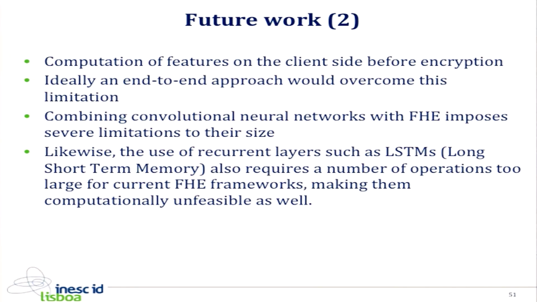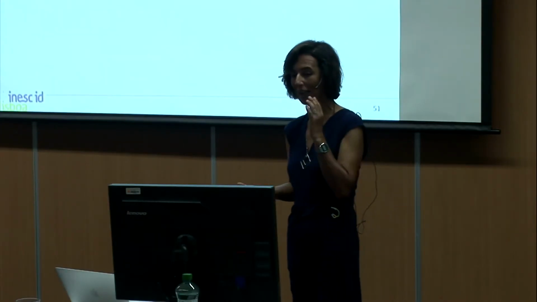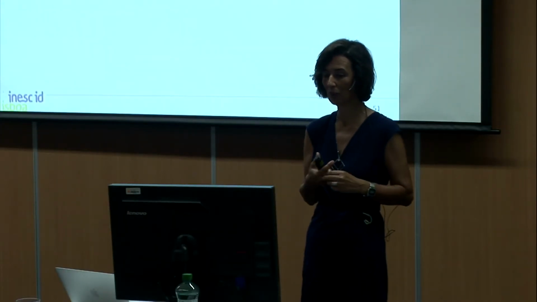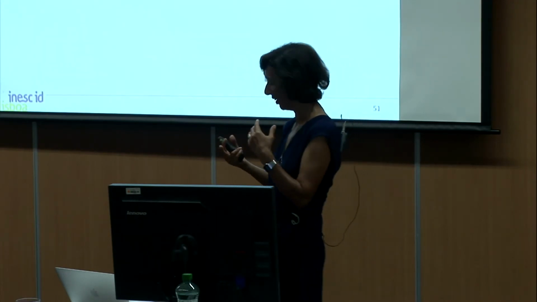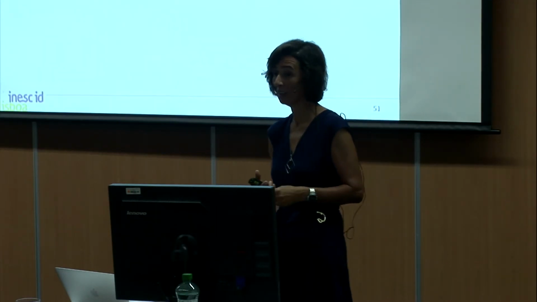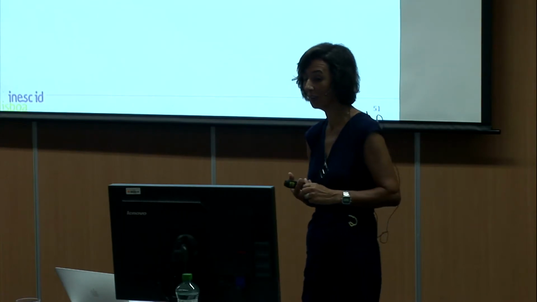is end-to-end encryption. So, okay, we decided to tackle this. How can we do end-to-end neural networks and combine them with fully homomorphic encryption? Well, it's not that easy, because combining convolutional neural networks with FHE imposes severe limitations on the size of the networks.